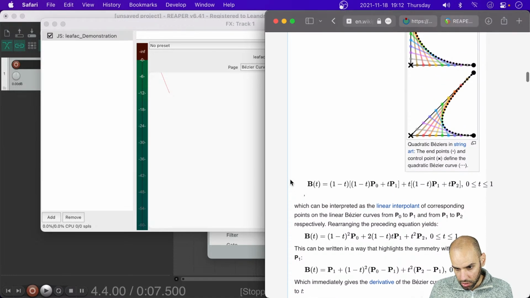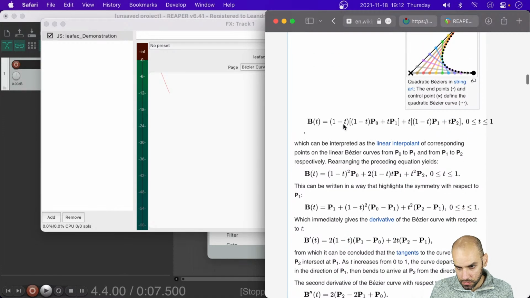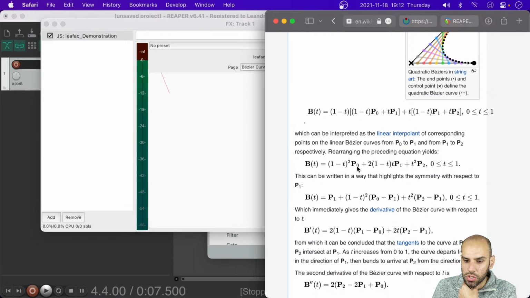Let's look at the number of operations. This is doing a lot of operations. This is just plugging the linear interpolation formula into the quadratic one. But we can rearrange this, and then it becomes shorter.